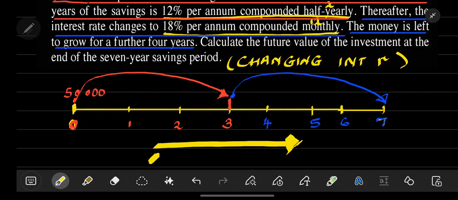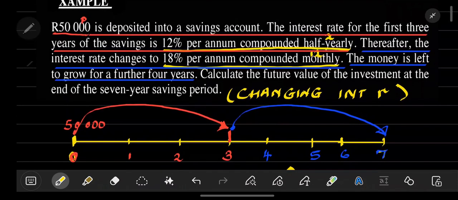So now let's do our calculations. What type of formula are we going to use to calculate this? You can simply see that we are going to use the compound interest formula, because the word that guides us says that it is compounded half yearly.